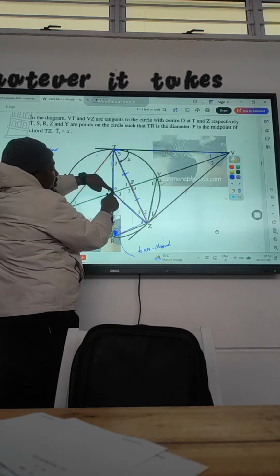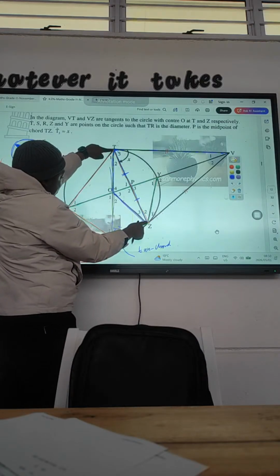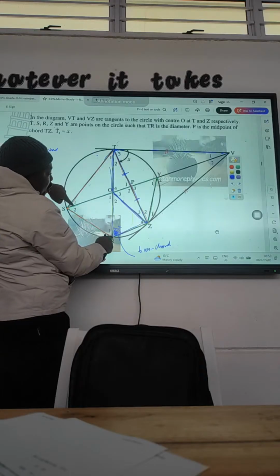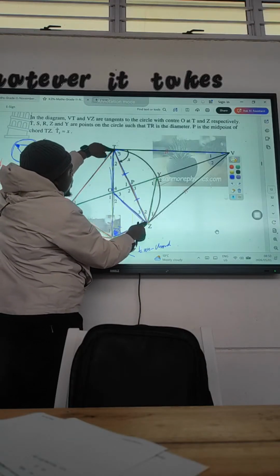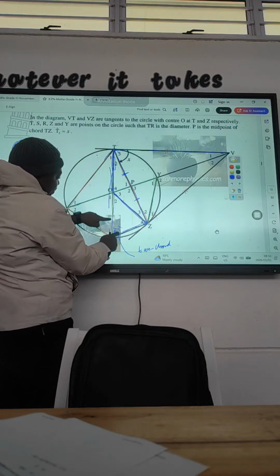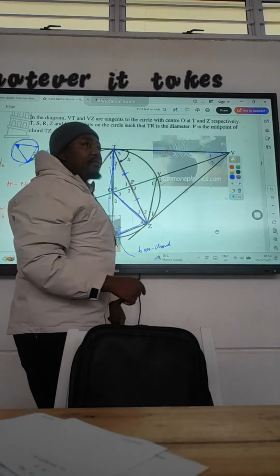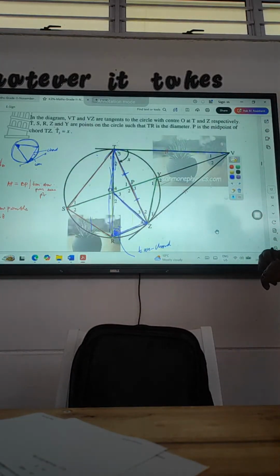Do you see that? The only way we can move from here to the same point is if we come this side. You see that? Hence we are saying R3 is also equal to X.